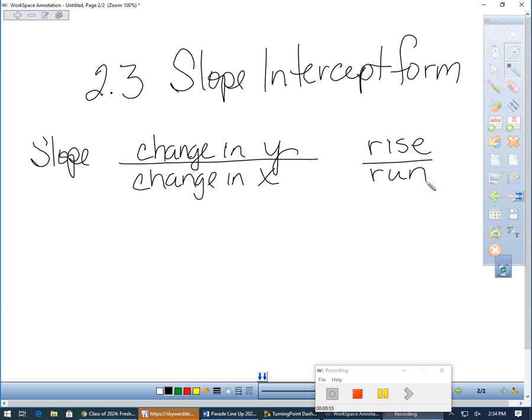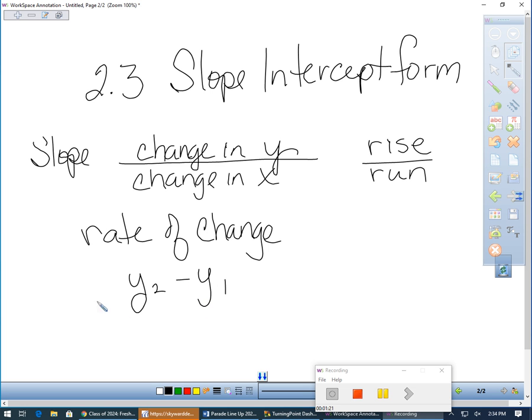Sometimes we refer to the slope as the rate of change. It's the rate, how quickly it is changing, how much that line is increasing or decreasing. And then the last thing I want to mention is our equation for slope, which is y2 minus y1 divided by x2 minus x1.